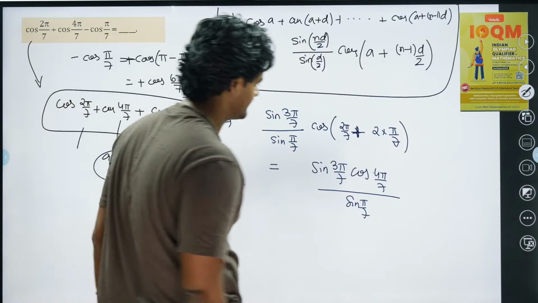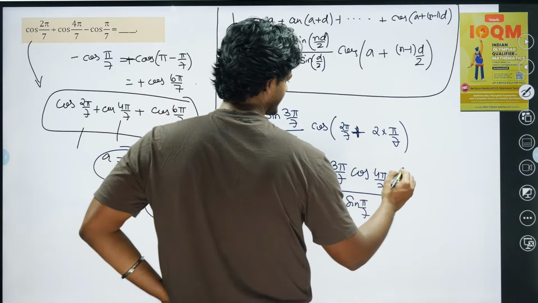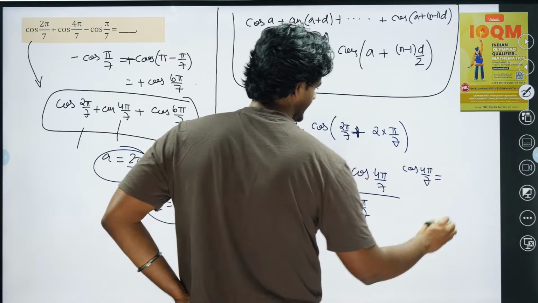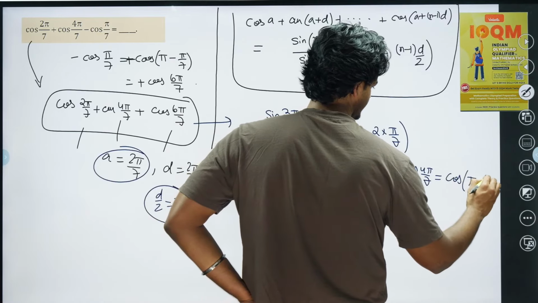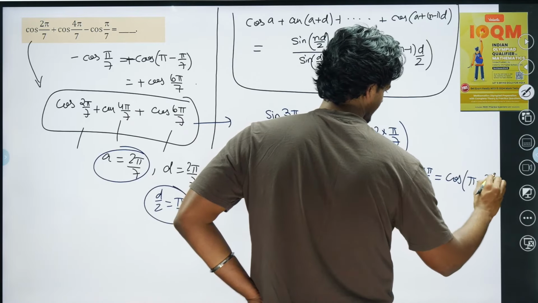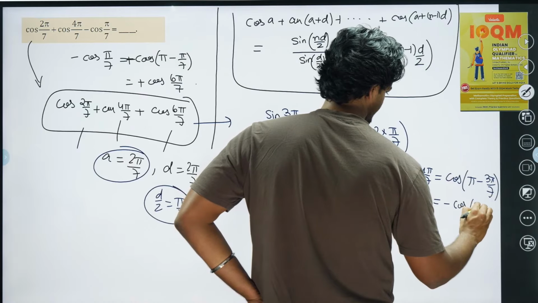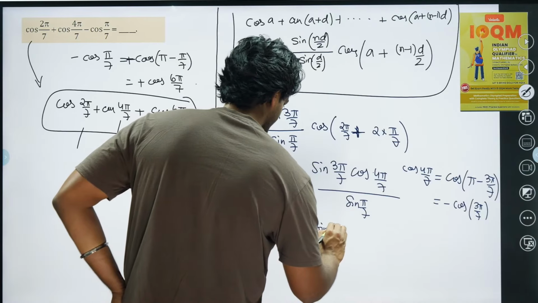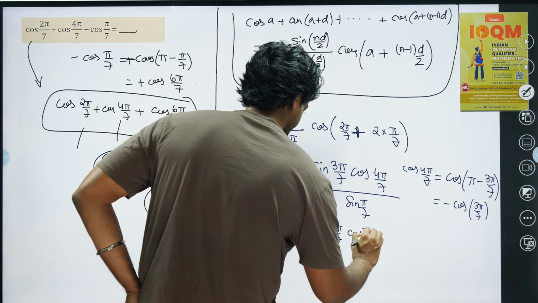Okay, that's very interesting. So I can write cos 4 pi by 7 as cos pi minus 3 pi by 7, so this will be minus cos 3 pi by 7. So I can write this as minus sine 3 pi by 7 cos 3 pi by 7 by sine pi by 7.